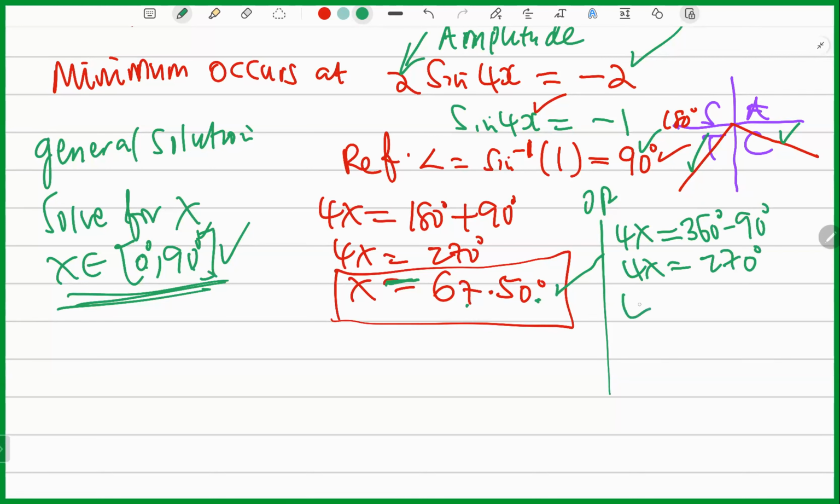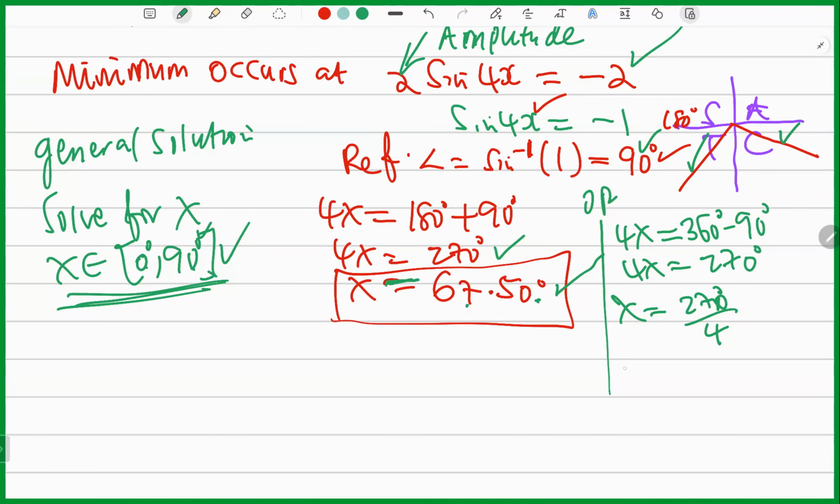And then if you divide 270 by 4, it's exactly what we did here. So x becomes 270 degrees divided by 4, and it is exactly the same result that we got.